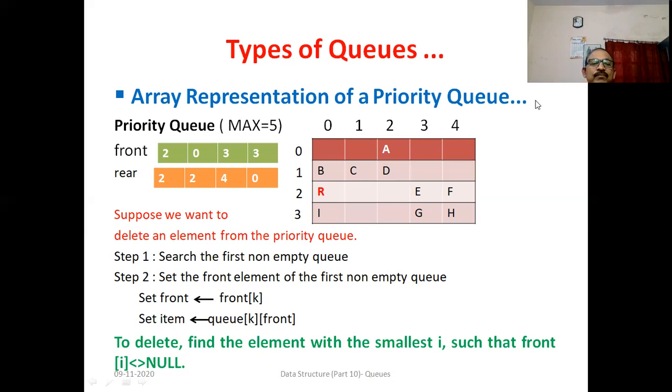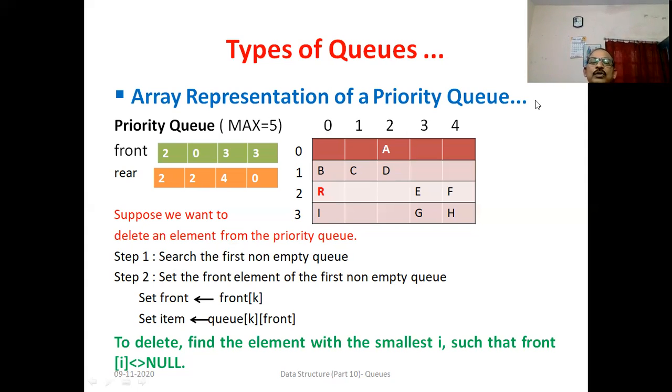K is 1, and front 1 is 0. Now item is equal to Q K front, where K is 1 and front is 0. So Q1 0, and the value of Q1 0 is B. Now the next item to be deleted from the priority queue is B.